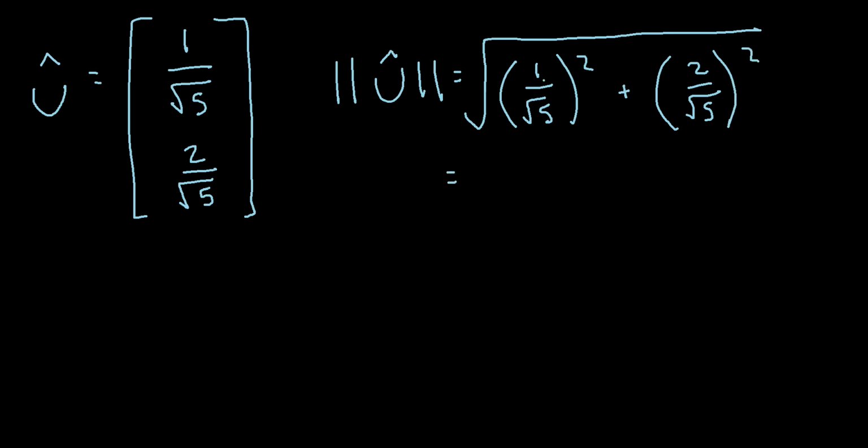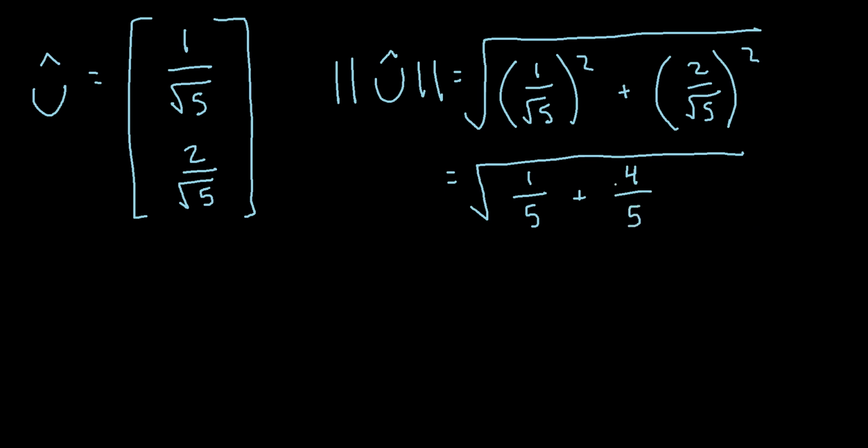Well, when we square a fraction like this, we can square the numerator and square the denominator. So we get 1 squared is just 1. The square root of 5 squared, or in other words, square root of 5 times the square root of 5, is just 5. And then we have plus 2 squared is 4, so we'll say 4 over, once again, the square root of 5 squared is just 5.